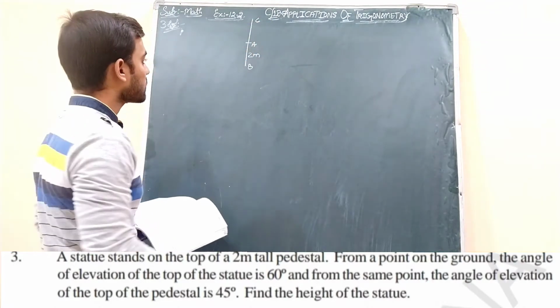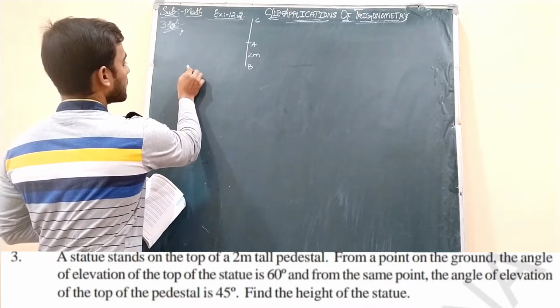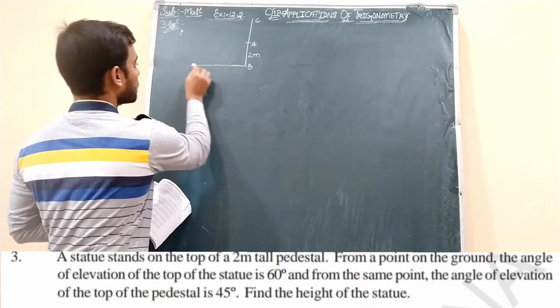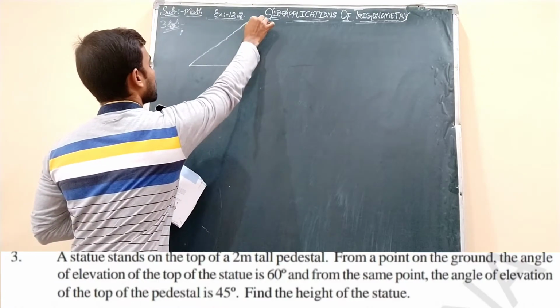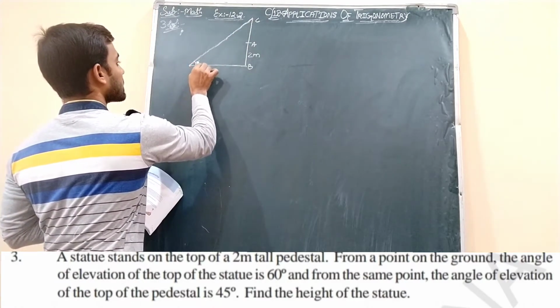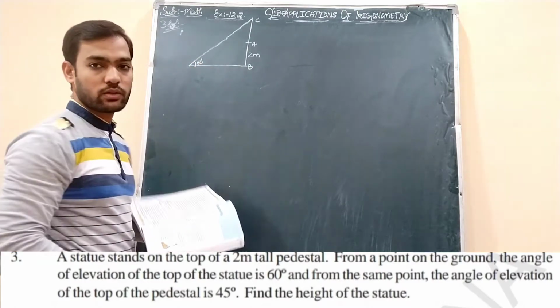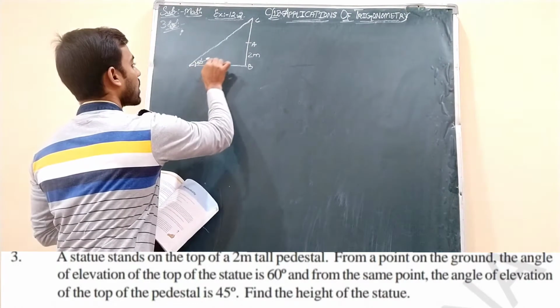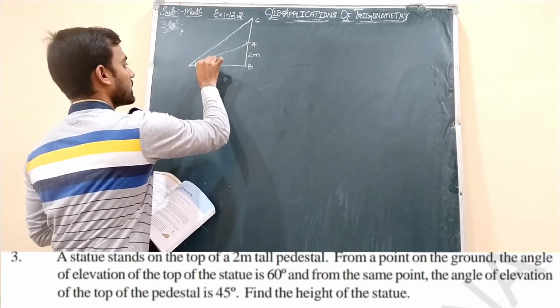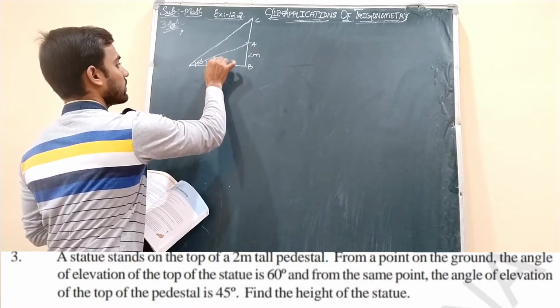Now from a point on the ground, when the top of the statue is observed, it is a 60 degree angle of elevation. From this same point, when you are observing the top of the pedestal, it is 45 degrees.